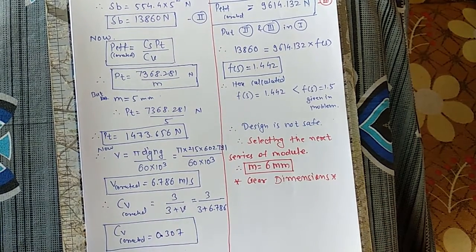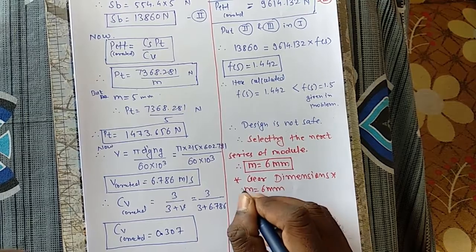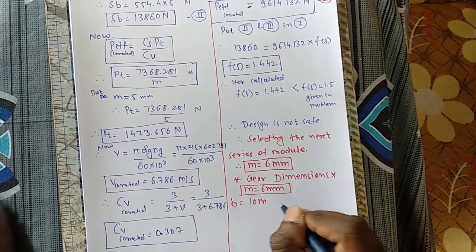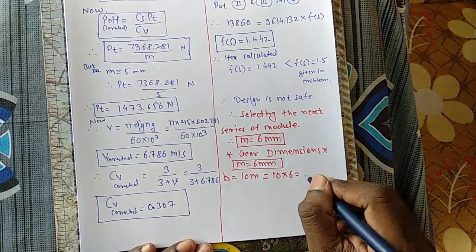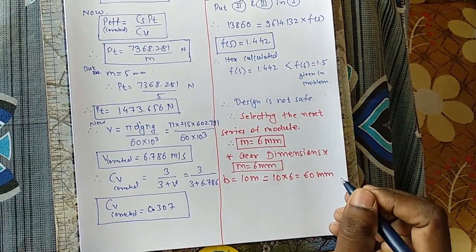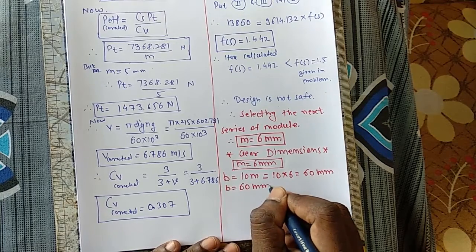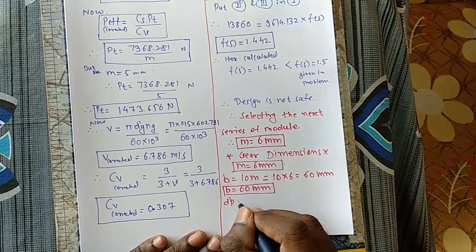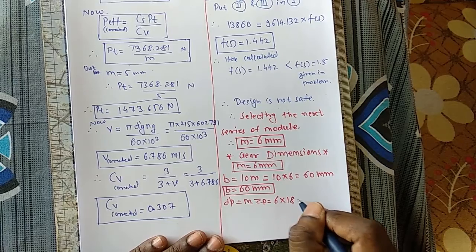So I will go for the gear dimensions. First, the module is 6 mm, the face width B is 10 m, 10 into 6 is equal to 60 mm. Then the pitch circle diameter of the pinion: D dash P is equal to m into ZP, with 18 teeth on the pinion.